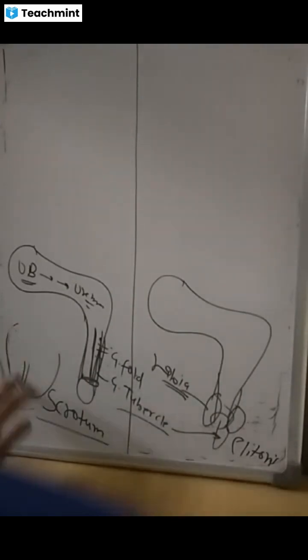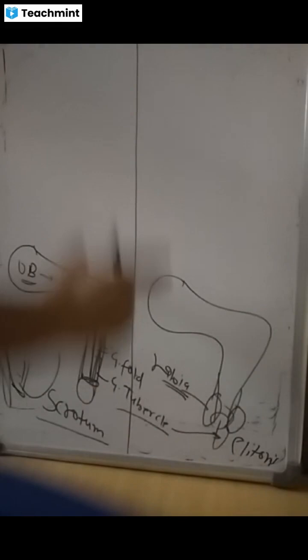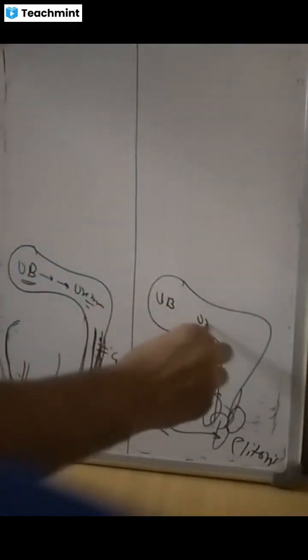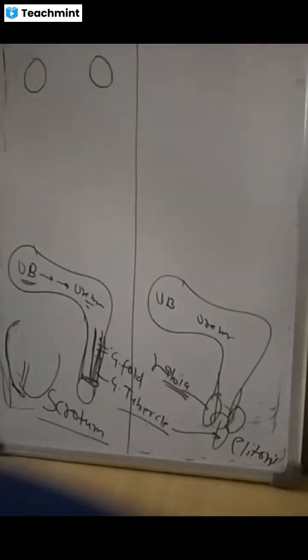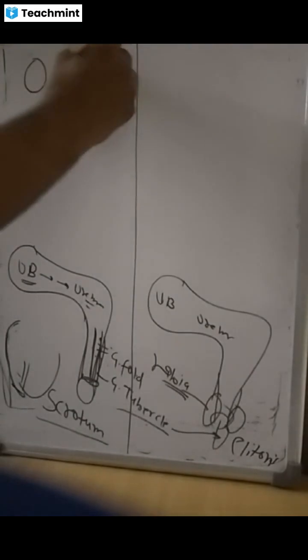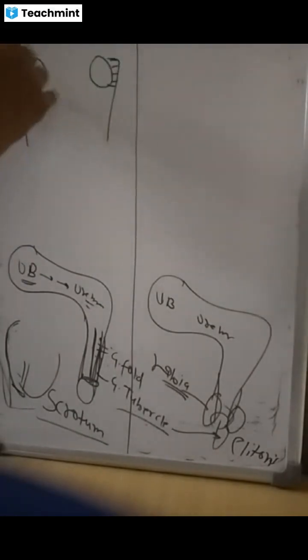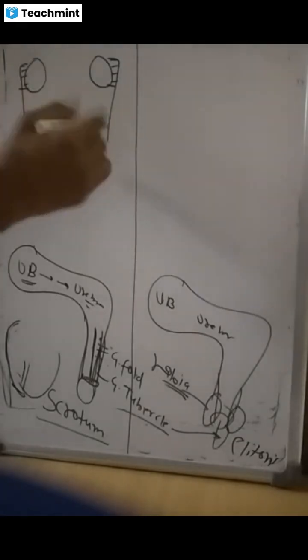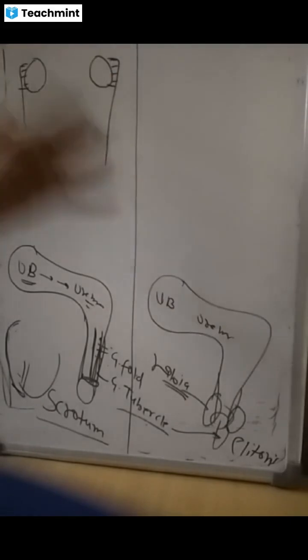Okay. Now, if we see in both, urinary bladder, here also urethra. In case of male, testis and this mesonephric tubule for mesonephric duct.